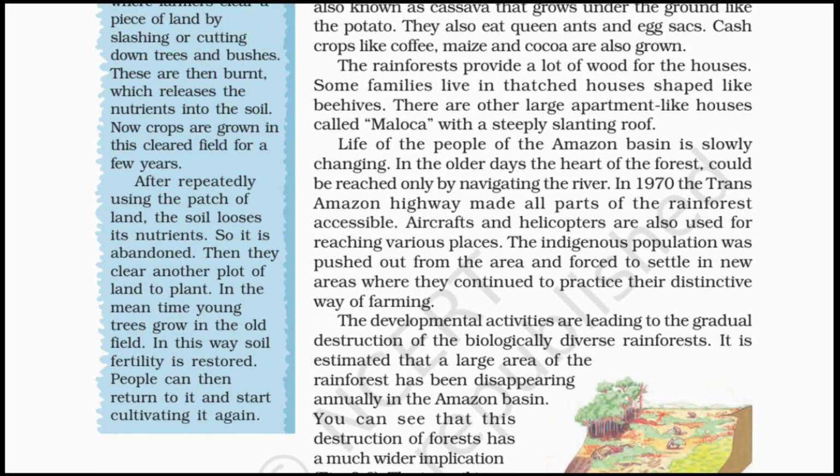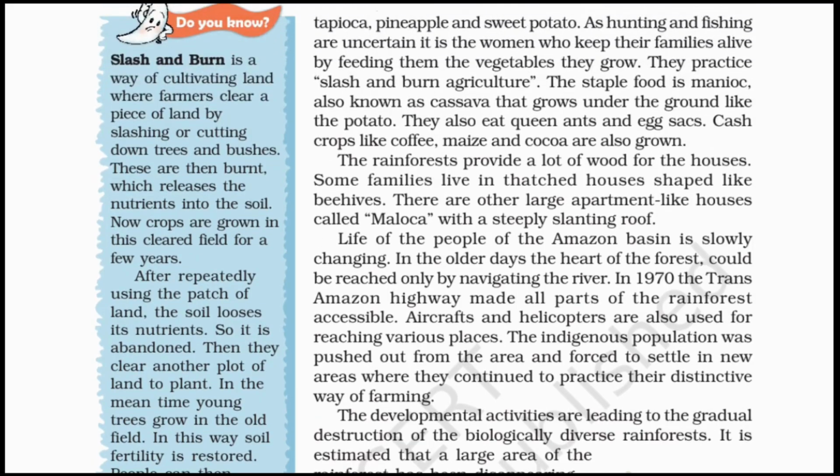After repeatedly using the patch of land, the soil loses its nutrients, so it is abandoned. Then they clear another plot of land to plant. In the meantime, young trees grow in the old field. In this way, soil fertility is restored. People can then return to it and start cultivating it again. Okay?